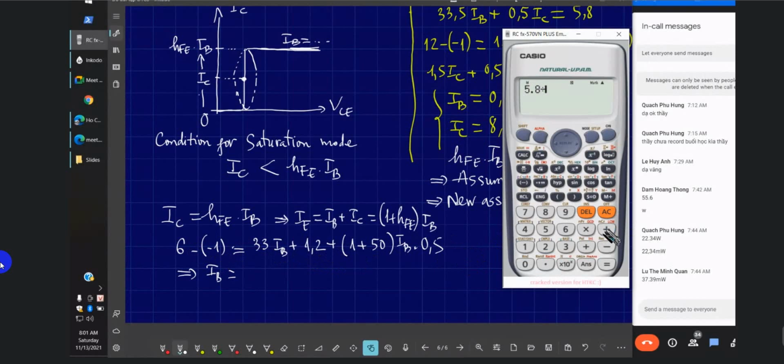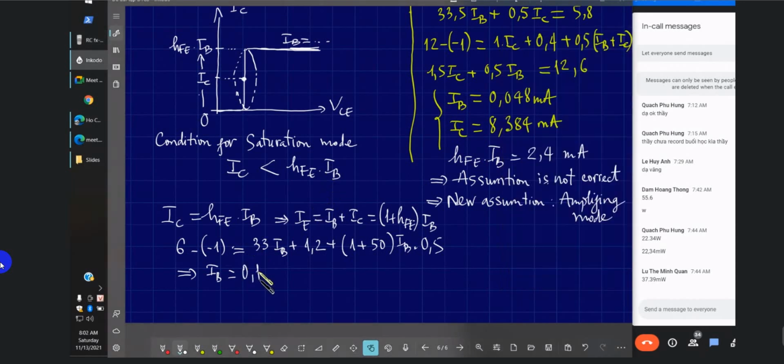And then divided by the last answer, and I got my result for IB: 0.099, I can say 0.1 milliampere.